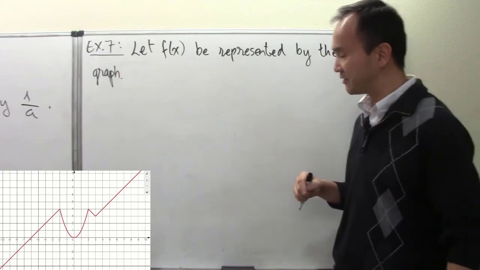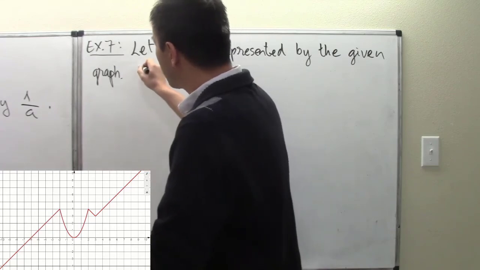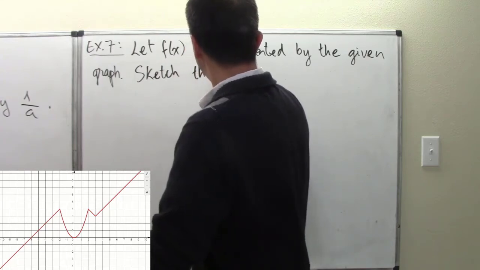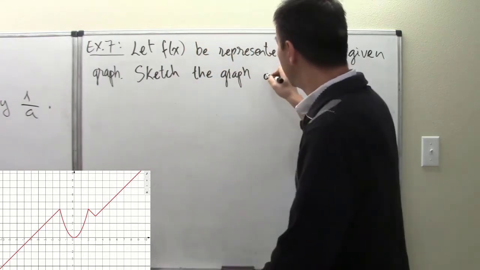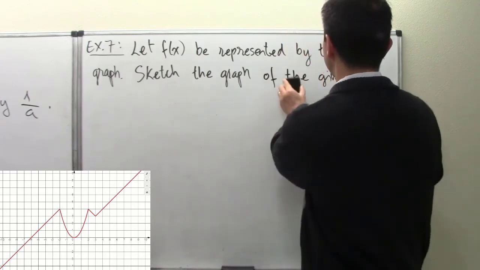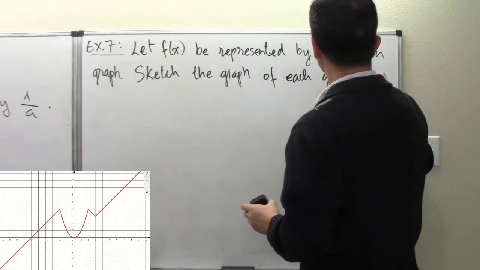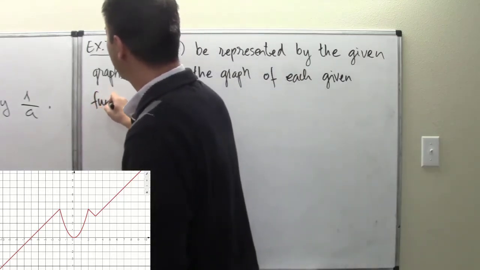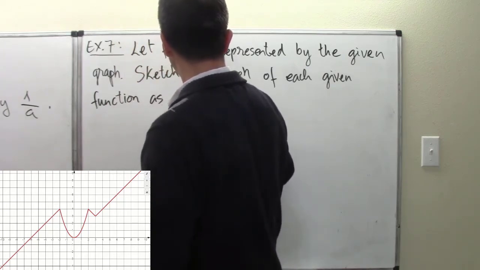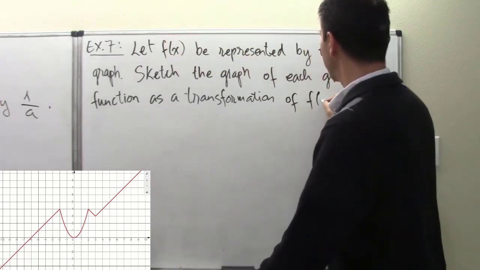Allow me to further complete my worded instruction of the example. Now we want to sketch the following graph of each given function as a transformation of f of x.